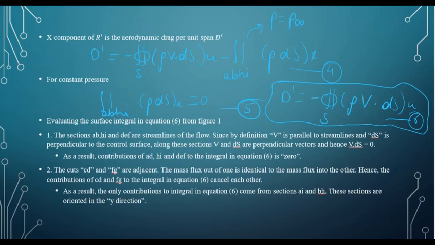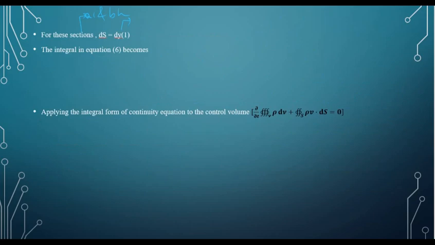Now, with ds equal to dy times 1, this is what happens to the equation. The integral becomes an integral from A to I and B to H, that is 1 and 2, inflow and outflow. We have a minus sign in the first term right ahead of the integral.